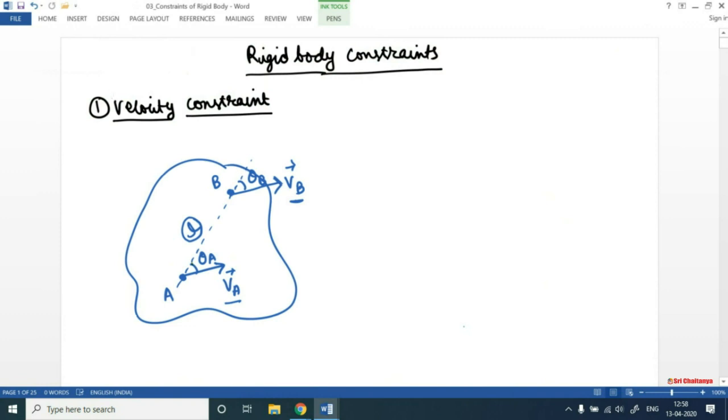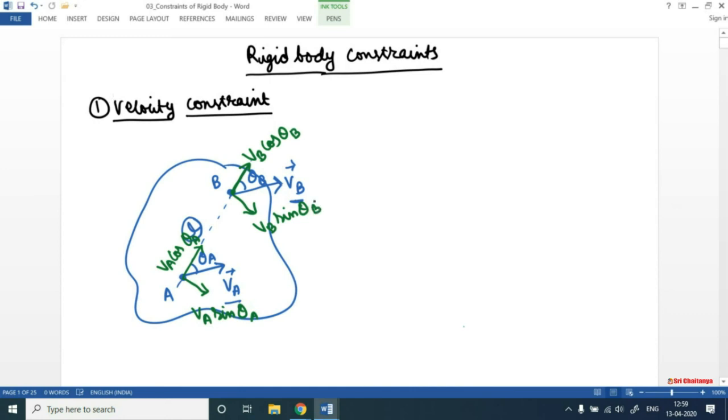So this would be VA cos theta A, and this would be VA sin theta A, and this component here would be VB cos theta B, and this component here would be VB sin theta B.